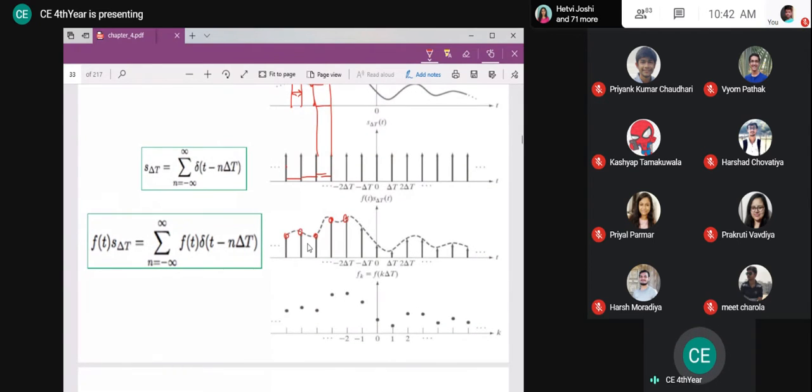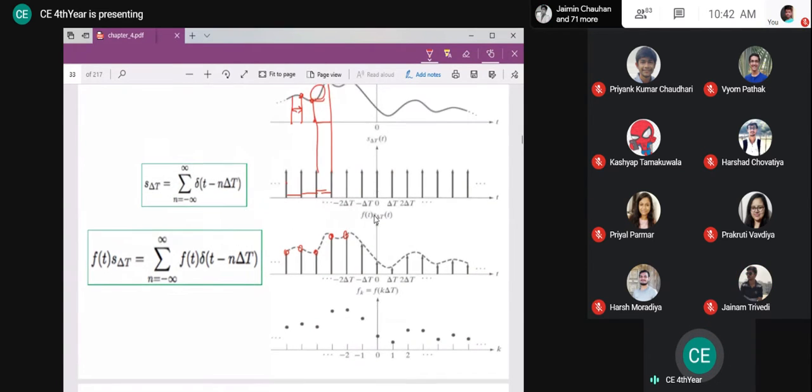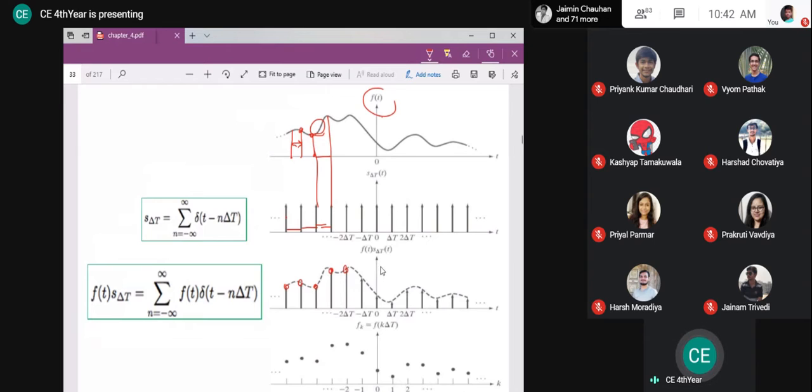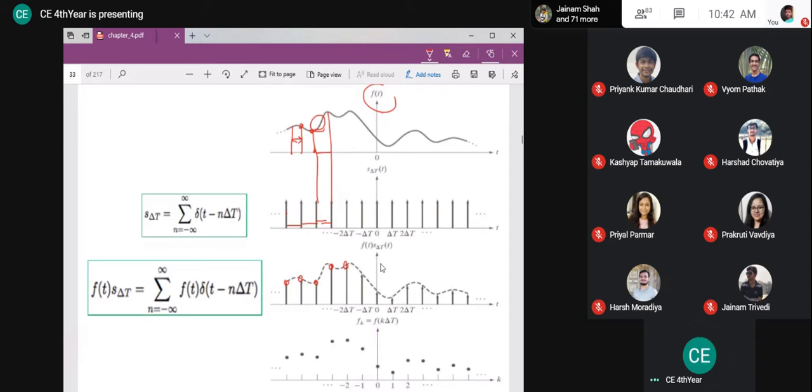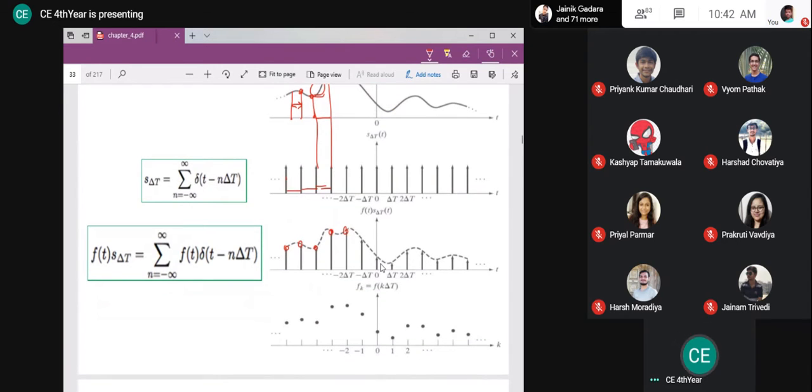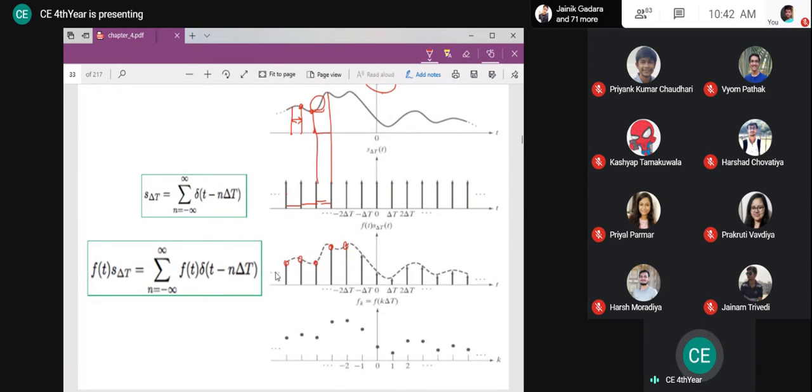And you know that if a function is multiplied with an impulse and integrated from minus infinity to plus infinity, it results in the function at the point where the impulse exists. So if I integrate my function from minus infinity to plus infinity, what I get is the function at the points where the impulse exists.